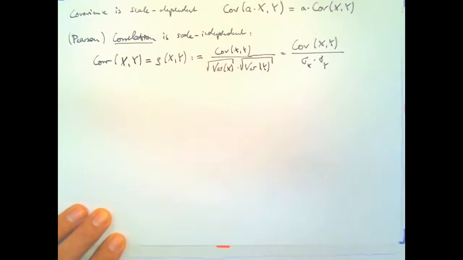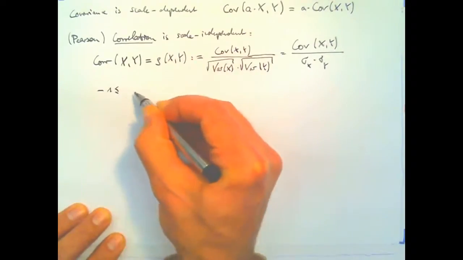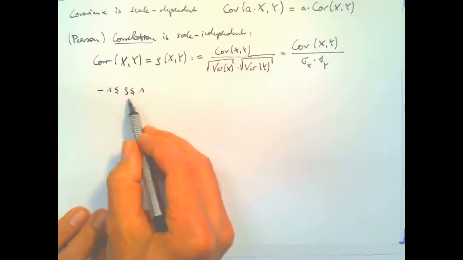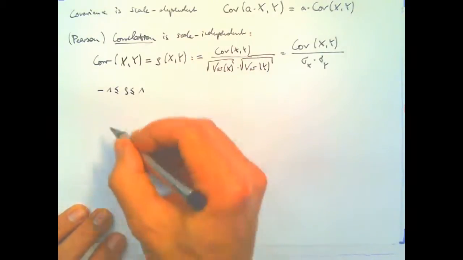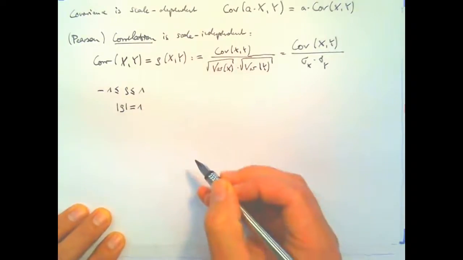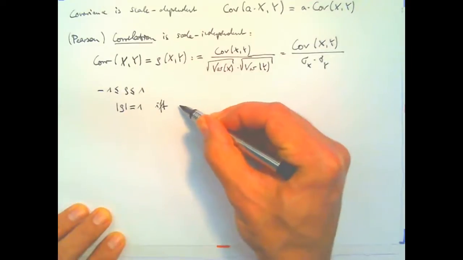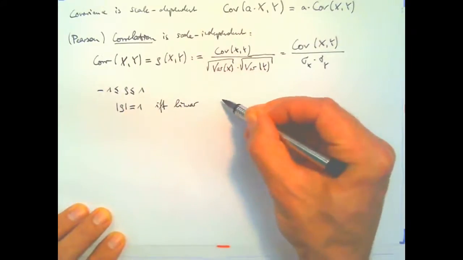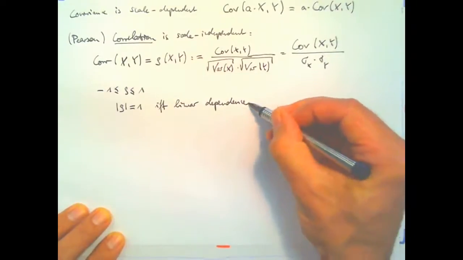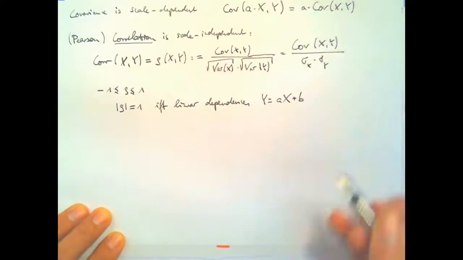And it has the following properties. Its absolute value is always smaller than or equal to 1, and the absolute value is either +1 or -1 if and only if there is linear dependence between the random variables, of this form here.